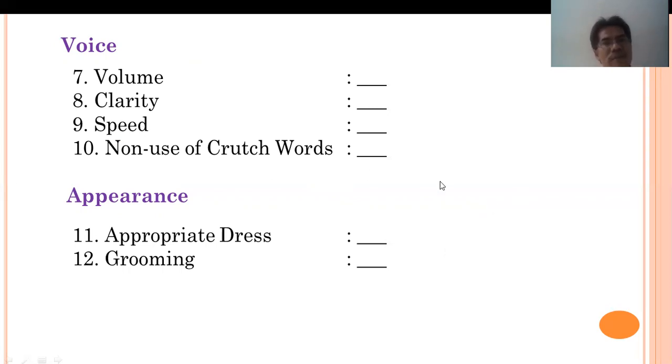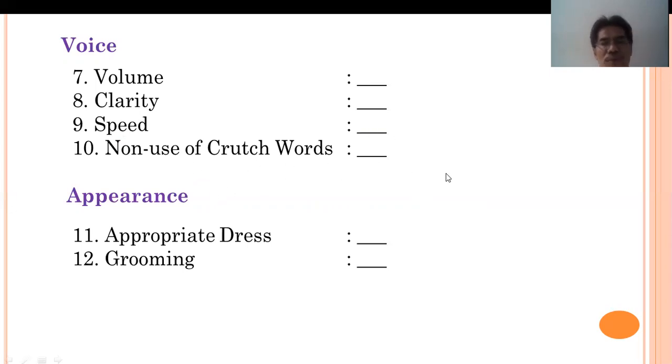And the speed, for example, if you think that the speaker speaks very fast, do you think that it is suitable for you to listen to a fast speaker, or do you need a slower speaker? If you think that the speed is too high, you can give a score from 1 to 10 here.